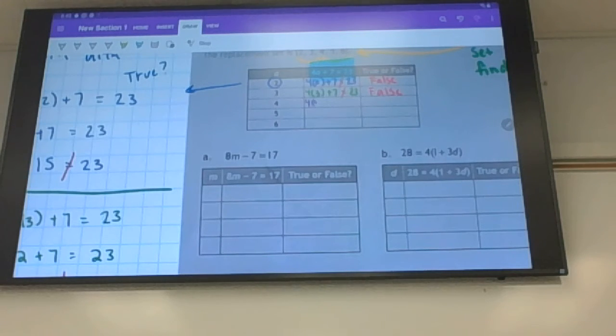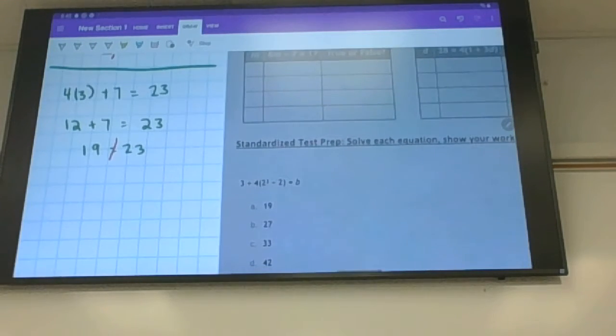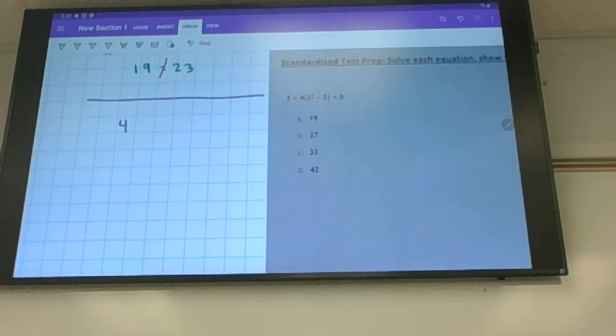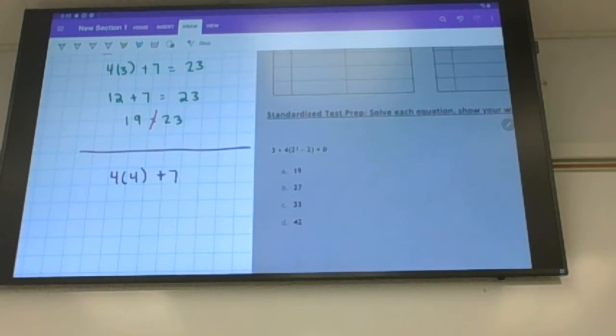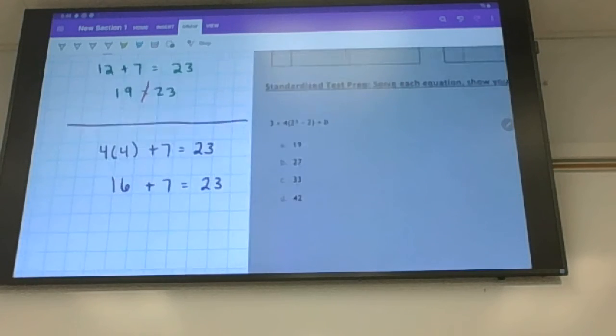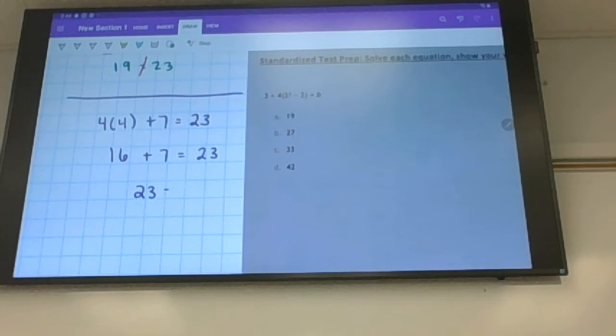This time I'm going to replace A with 4. Does 4 work?